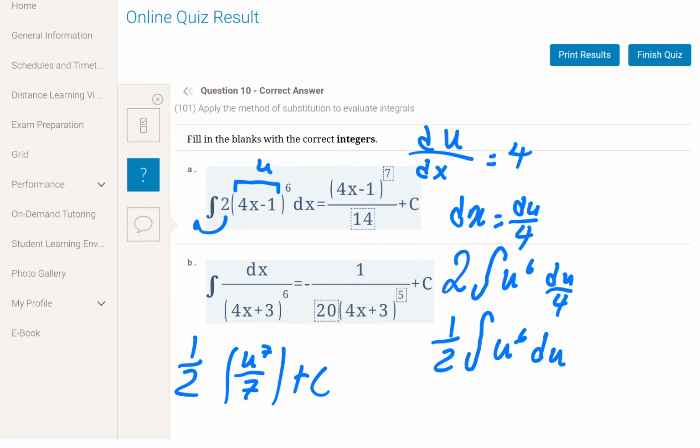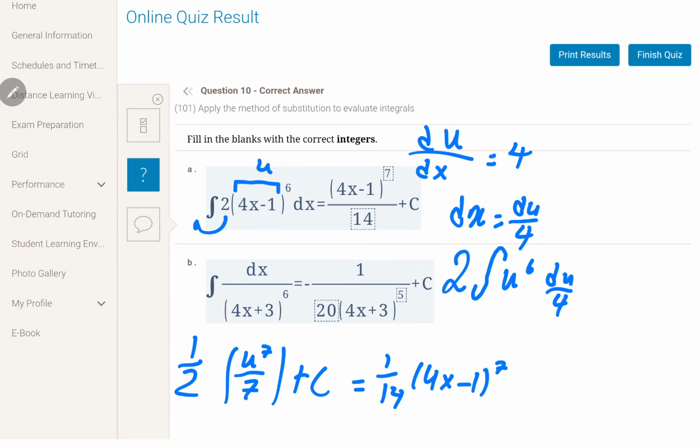One second. This is 1 over 2 times 1 over 7, which is 1 over 14. So 1 over 14 times u to the power of 7, which is 4x minus 1 to the power of 7, plus c. Okay, this is your answer.